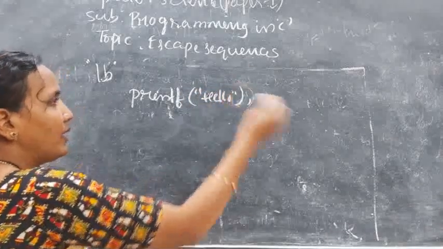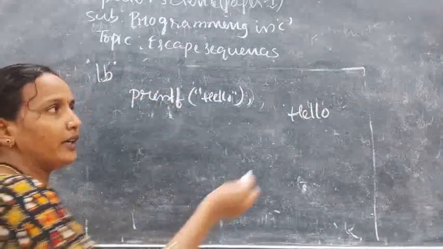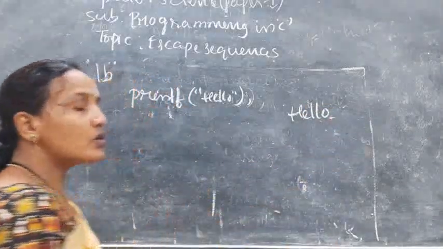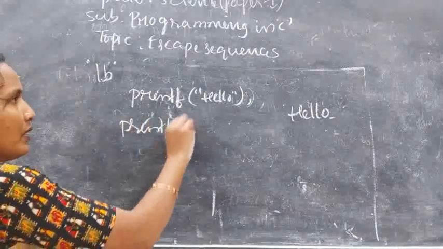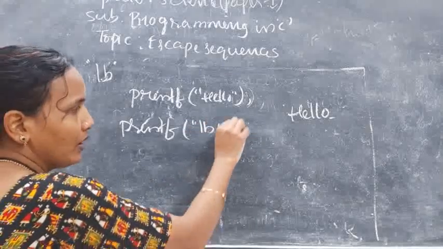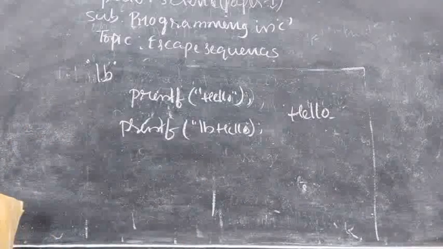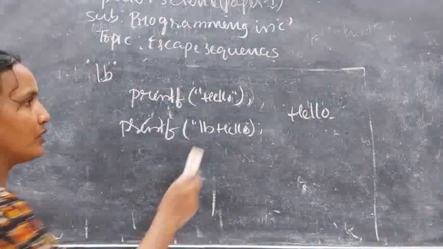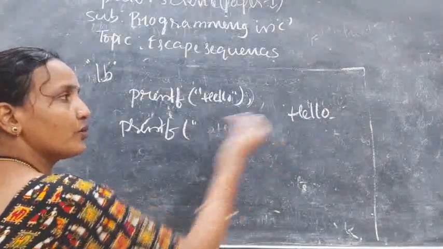When you print this, generally it will be displayed like this, and your cursor position will be here. So when you use printf hello with backslash B, where is your cursor position? Here we use it at the last because it should move one backspace.